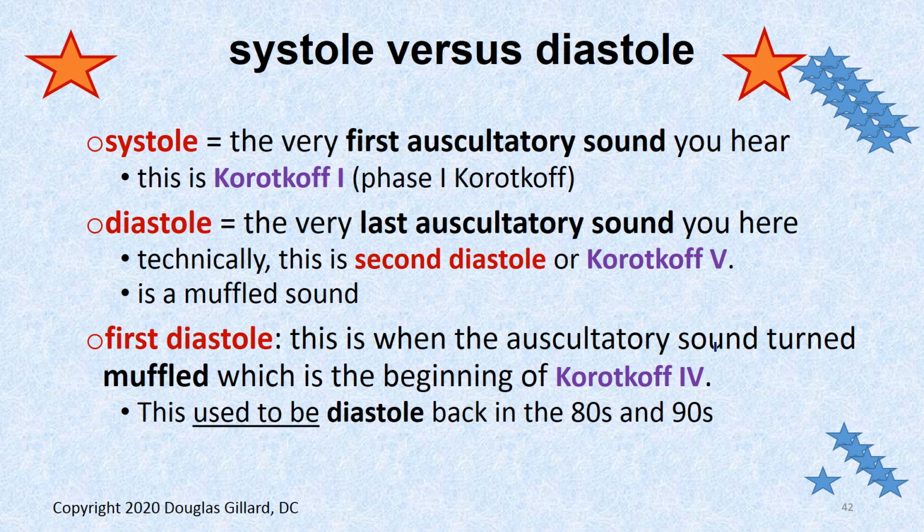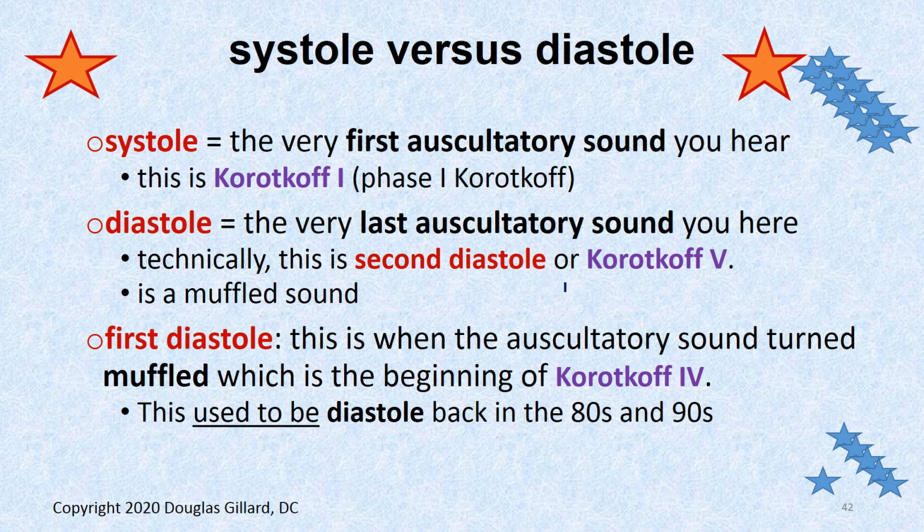And yeah, so you should know about the Korotkoff sounds. There are 5 Korotkoff sounds, right? Systole is the first Korotkoff sound you hear. Then there's going to be a pitch change, and that'll be Korotkoff 2, and another pitch change, Korotkoff 3, another pitch change, Korotkoff 4, another pitch change, Korotkoff 5, and then there's no sound anymore.